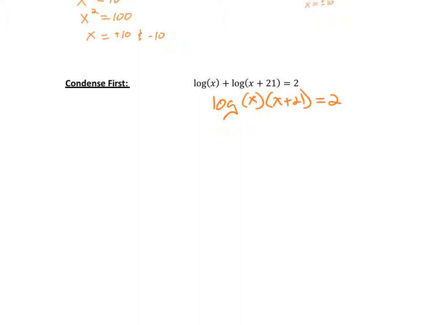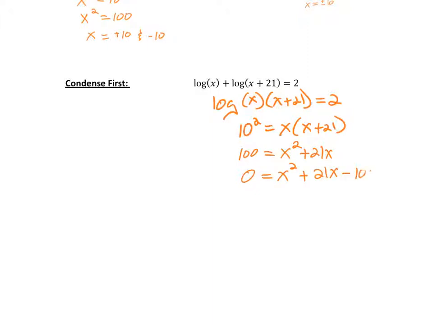So now let's go ahead and rewrite this in exponential form. So we have 10 squared equals x times x plus 21. Looks like we're going to get a quadratic here. This is 100 equals x squared plus 21x. So now 0 equals x squared plus 21x minus 100.